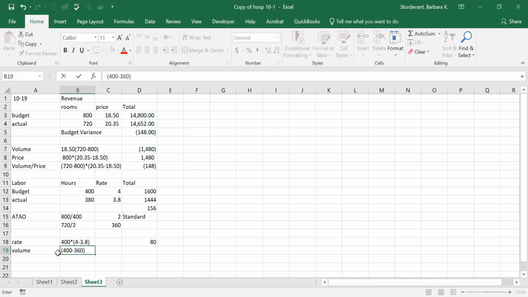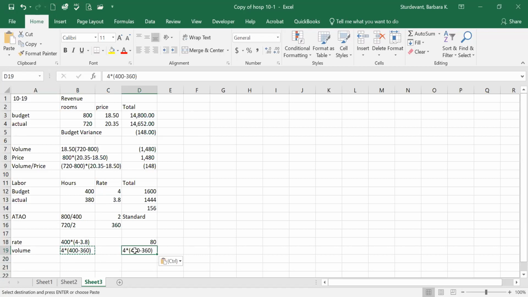So budgeted hours minus our ATAO. And then we're going to multiply that by our budgeted rate. So our volume variance, yeah, we're okay there too.